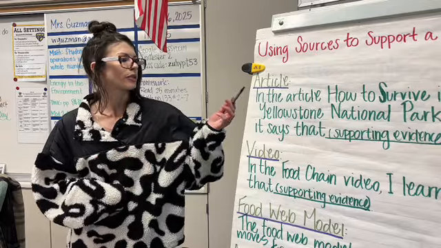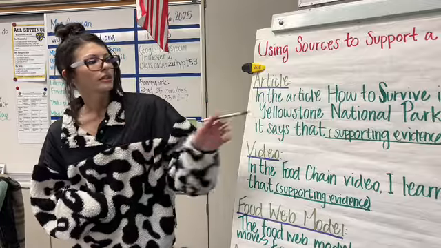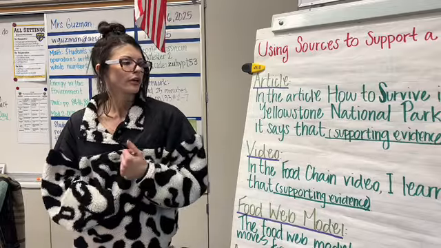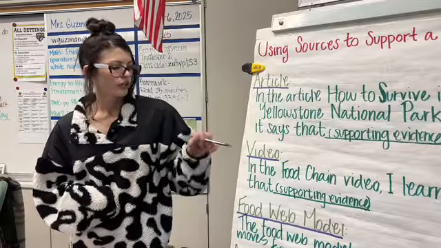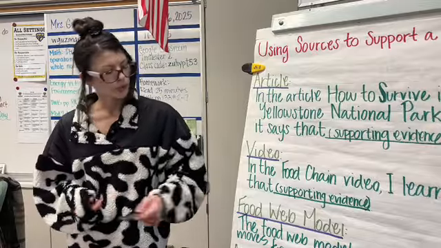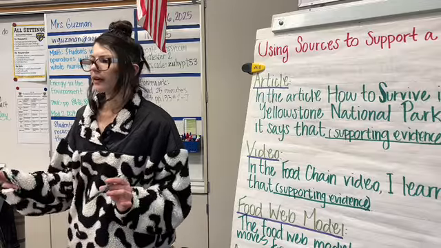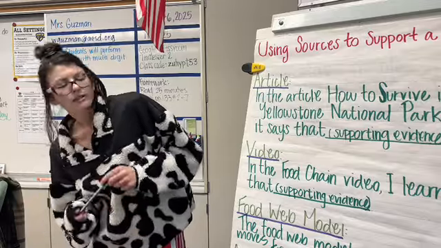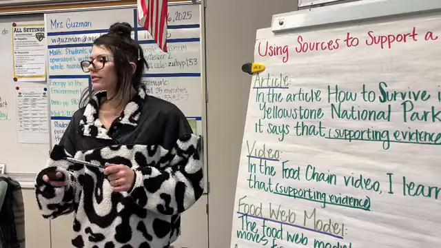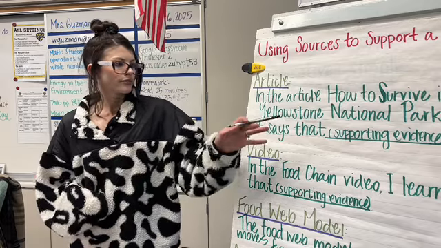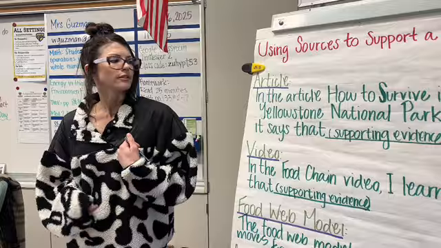So it could just be as simple as saying, like, how to survive in Yellowstone National Park article, or food chain video, or food web model. Something like that, very short, not a complete sentence, okay? And on the right side where it says evidence, that is where you will write your supporting detail.